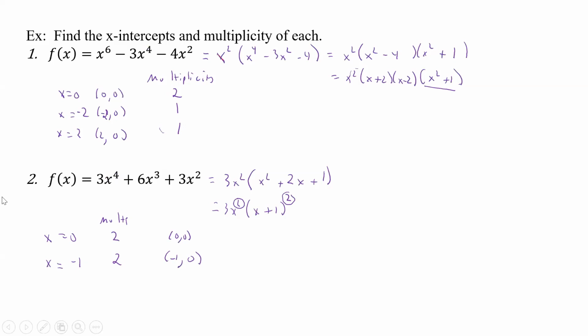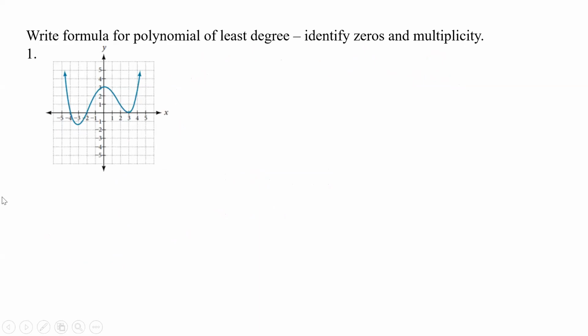Okay. Now we need to write a formula for the polynomial of least degree. We need to identify zeros and multiplicity. So let's first identify our zeros. We've got one here, we've got one here. Both of those are multiplicity 1 because there's a straight line through them. And then we've got one here, and that bounces off, so that has multiplicity probably of 2.